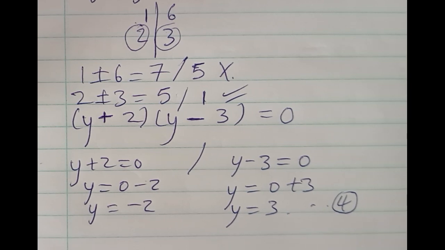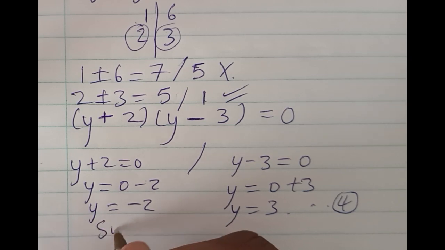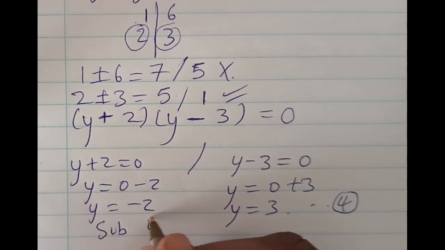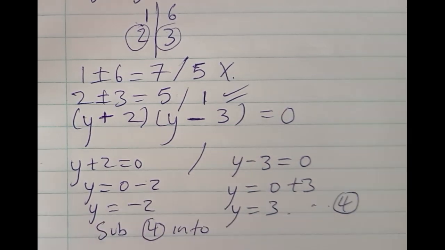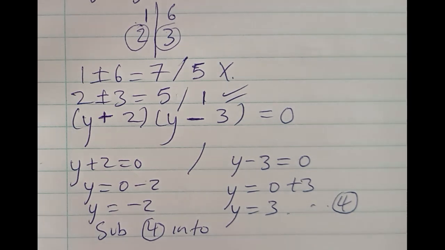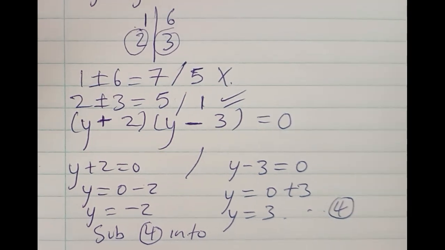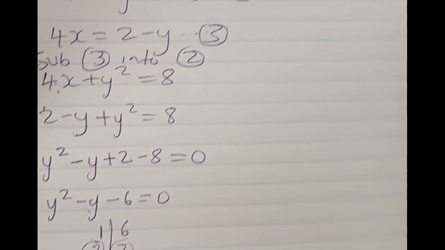So far I got the values of y. I'll be looking for the values of x. So I will substitute equation number 4 into, let's check. Previously I substituted into equation number 2. Now I'll have to substitute into equation number 1.